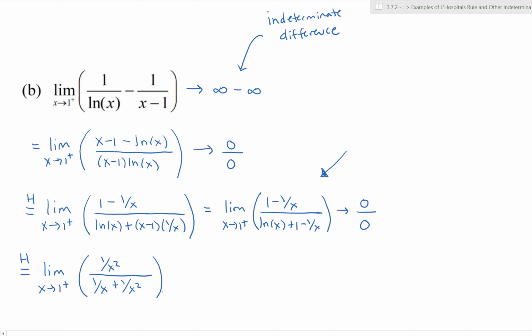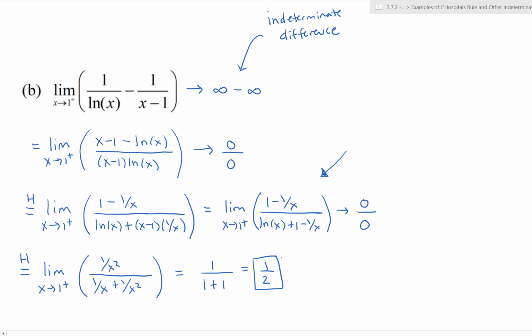So now we can see as x goes to 1 from the right, we actually can evaluate this limit. The numerator is going to go to 1, 1 over 1 squared, and the denominator is going to go to 1 over 1, which is 1, plus another 1 over 1, another 1. So 1 divided by 1 plus 1, which gives us the result of 1/2.